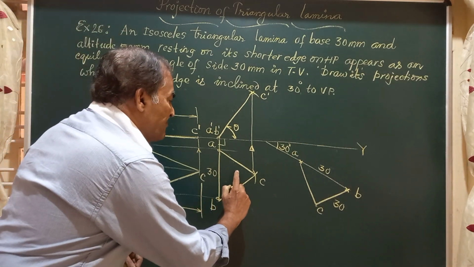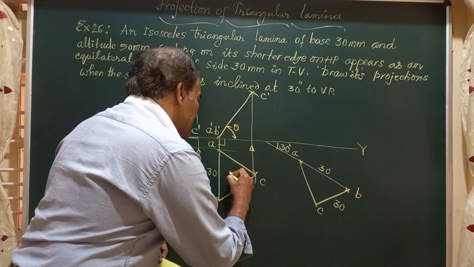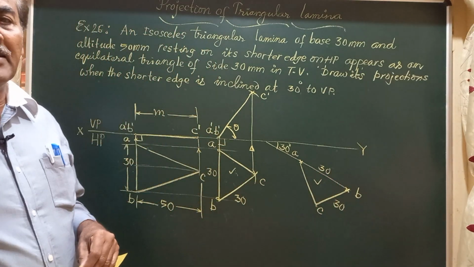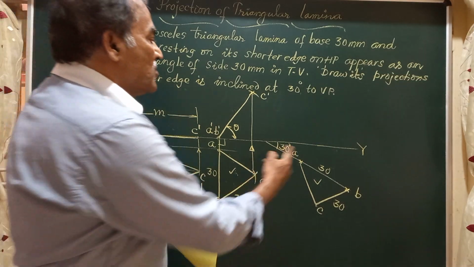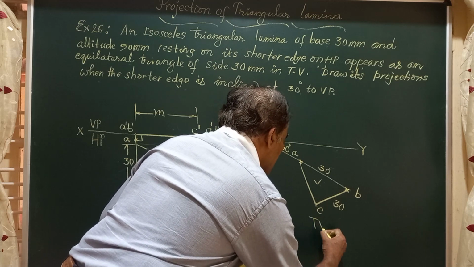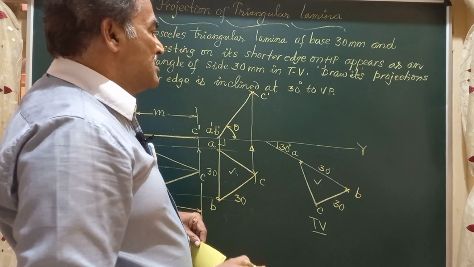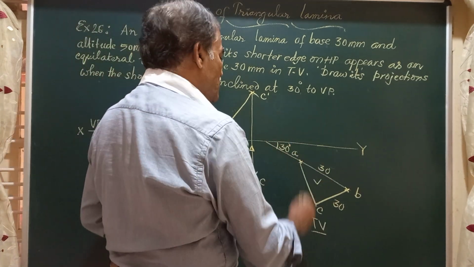And if you call this as figure number 3 and this as figure number 4, the figure number 3 and figure number 4 are always identical. That is to say, they will have the same dimension. Friends, we have got the final top view of the lamina when the shorter edge is making an angle of 30 degrees. Now let's see how to obtain the front view corresponding to this top view.